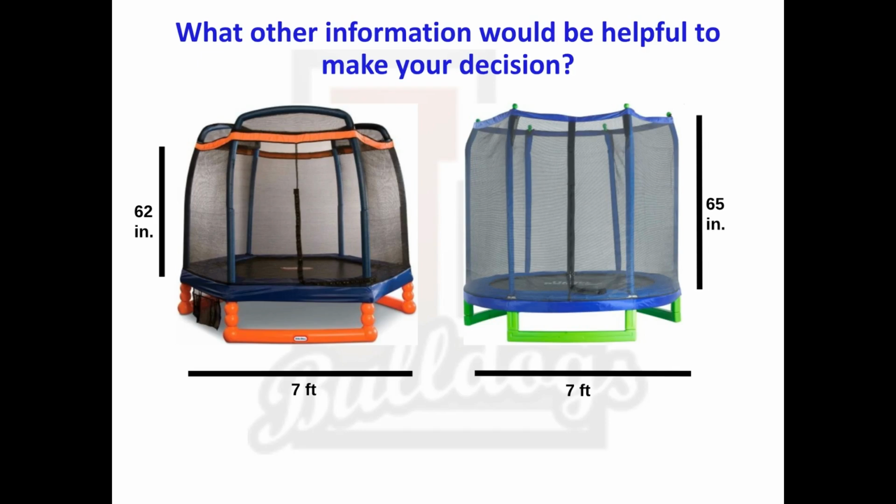Okay, now let's also talk about the bottoms there because they're both 7 feet across. Now on the one on the right, we're dealing with a circle as our base, right? So here to here, like through the center, is 7. We can work with that. The one on the left, though, this is our hexagon.